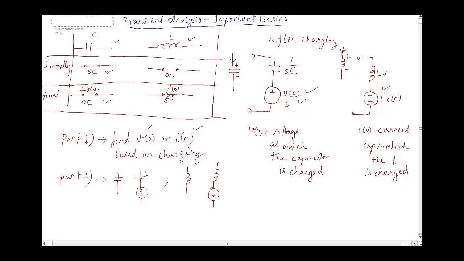So you will replace the capacitor and the inductor with these circuits, and carry out whatever you want to find out. You will either do mesh analysis, or nodal analysis, or you may use theorems, that means either Thevenin's or Norton's or superposition. Any of these you will use to solve the circuit to find the unknown element. So let's do a question based on transient analysis.